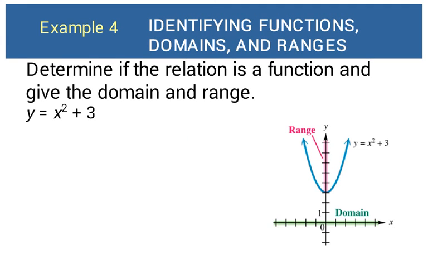Okay. This is a quadratic. All quadratics are functions too. And you can see wherever the vertex is of the quadratic is where the range begins or ends. And then for the domain, it's always going to be all real numbers. So domain of this function is from negative infinity to infinity, and then the range.